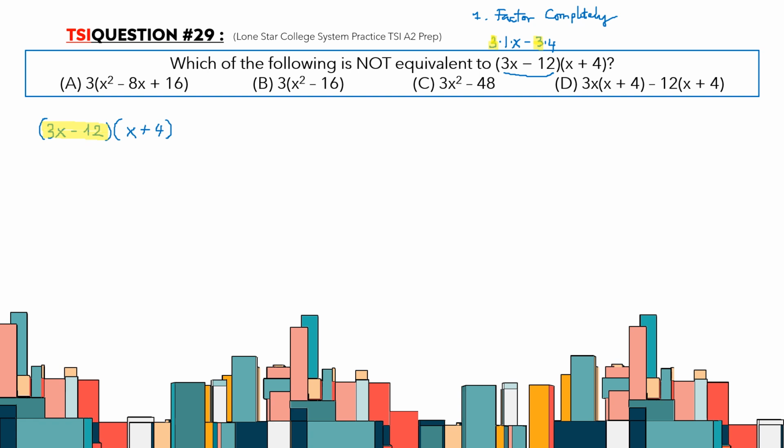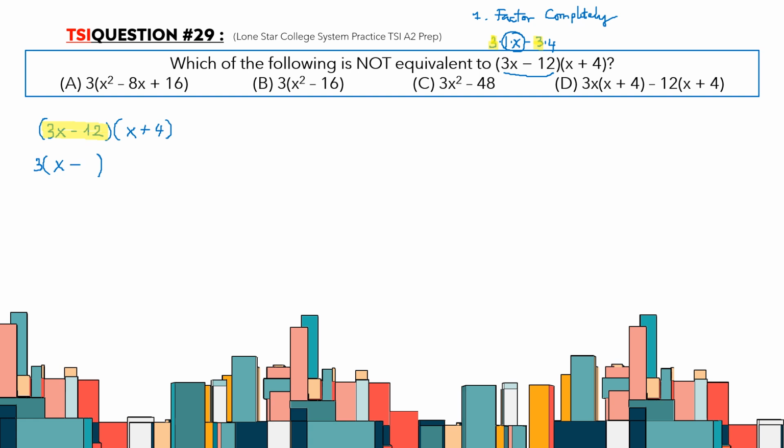So we will have 3, and then that is outside, right? And then what is left inside is, when we take 3 out, we have 1x left. So 1x is equal to x, right? So just x.